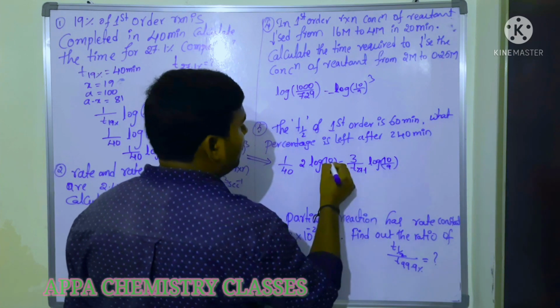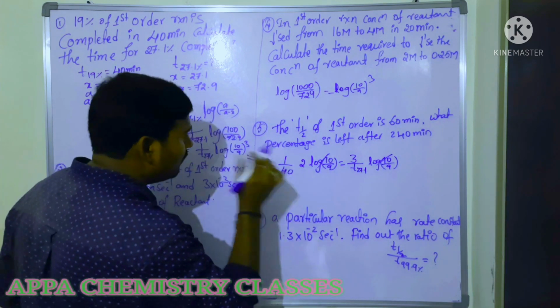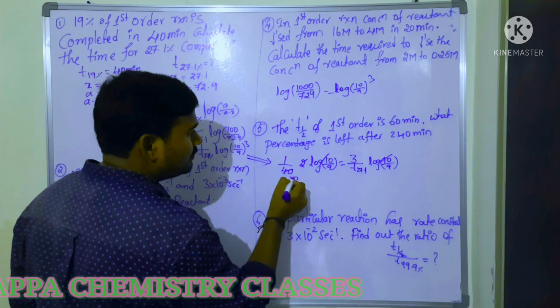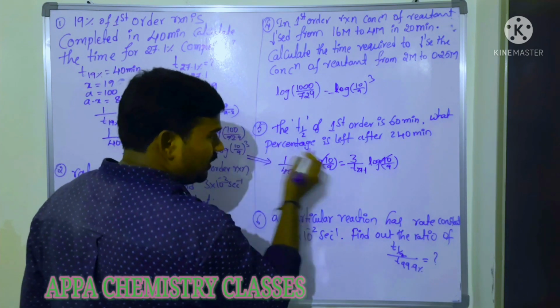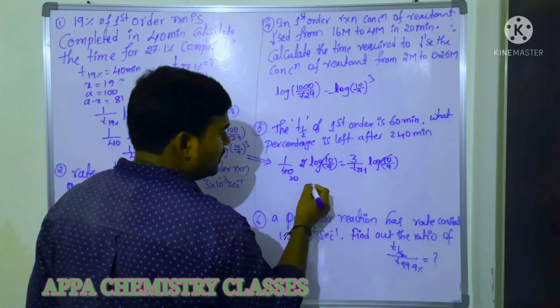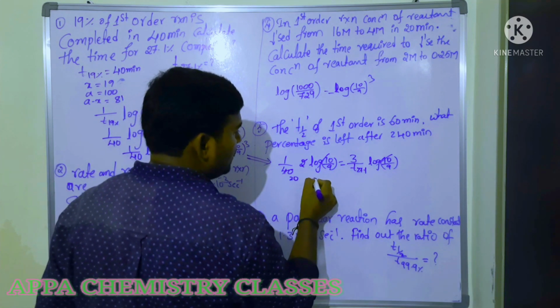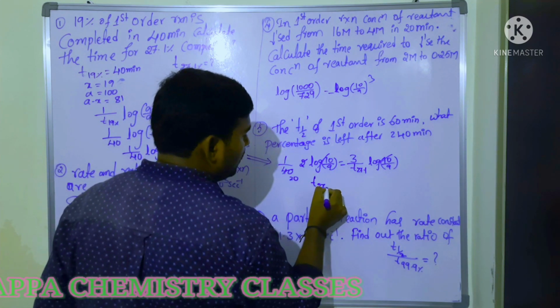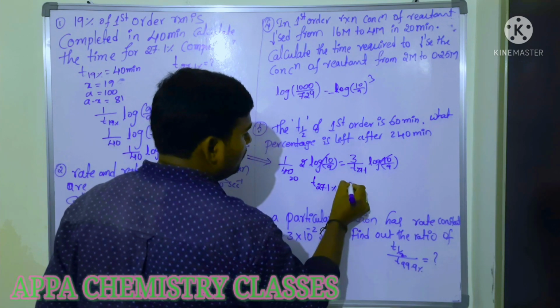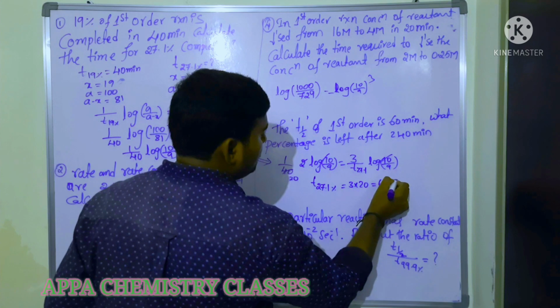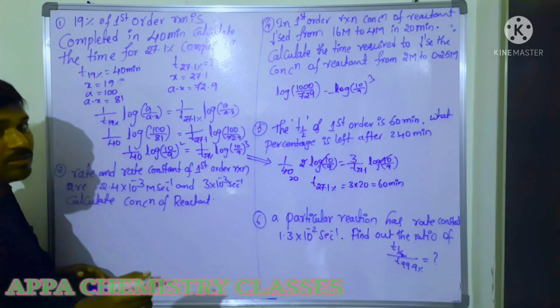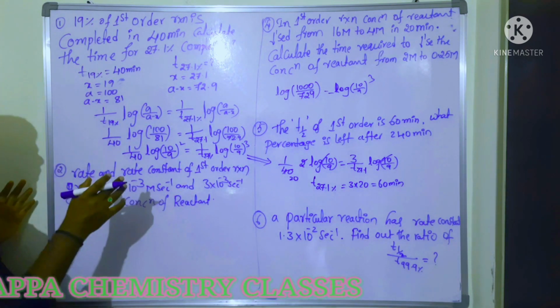Log of 10 by 9 gets cancelled. What is left over is 1 by 20. So we need t 27.1%, which is equal to 3 times 20, that is 60 minutes. Is that clear?